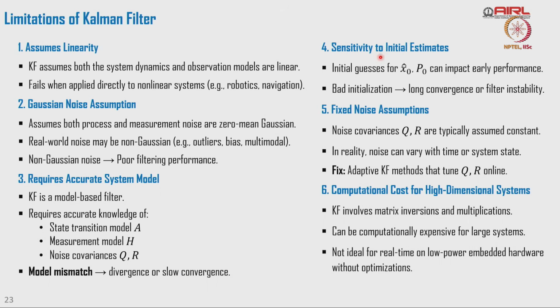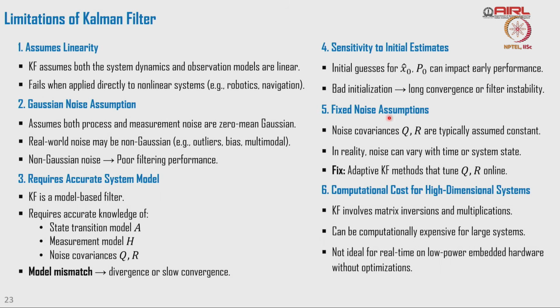The fourth point is sensitivity to the initial estimate. The initial guess for the initial state x0 and P0 can impact early performance. Bad initialization takes a long time for convergence or causes filter instability.